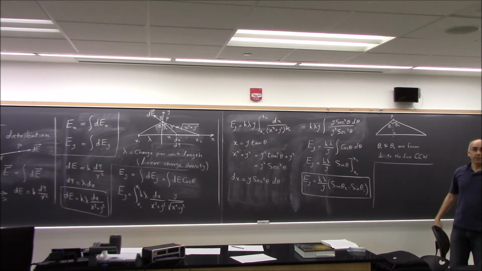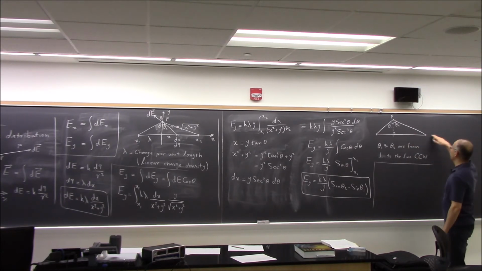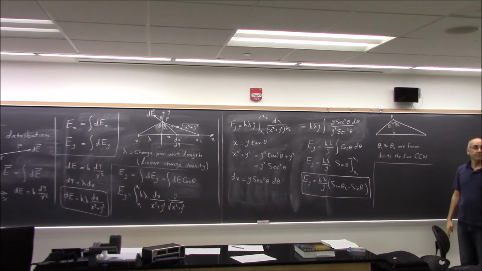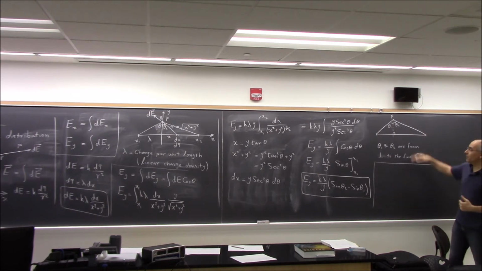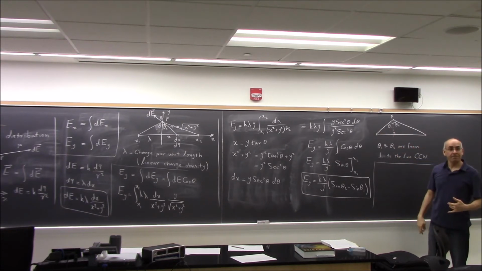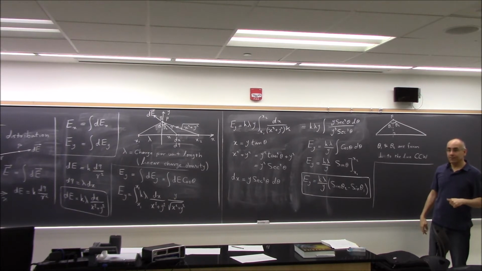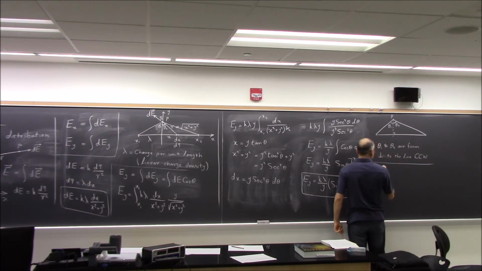What are theta 1 and theta 2? If the line is infinite, what happens to theta 2? Yes, 90 degrees. What about theta 1? Negative 90.